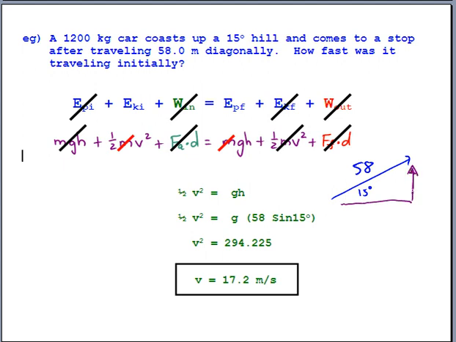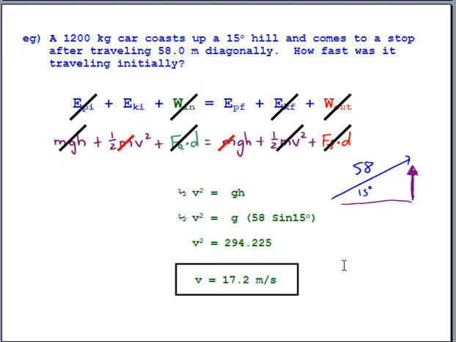Well, we can just do a little right angle trigonometry, and that's where the 58 sine of 15 comes from. So sometimes you'll have to do a calculation or two to find one of the numbers that'll work nicely for us.